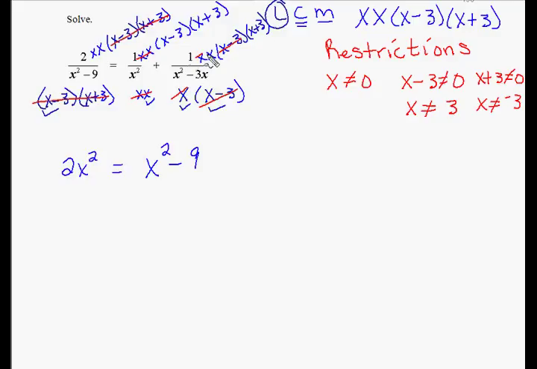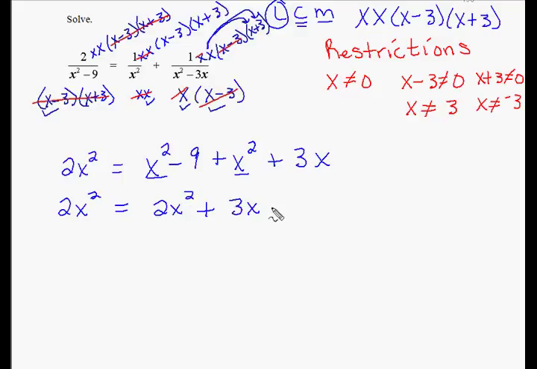Now this one's a little bit more tricky. It's 1 times x, which is x, and then that's getting multiplied to x, which is x squared. And this 1 times x is also getting multiplied to the 3, which is 3x. Combining like terms and seeing what we have, 2x squared is equal to 2x squared plus 3x minus 9.